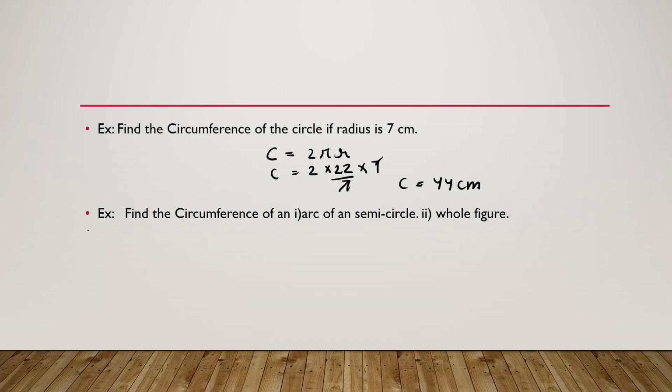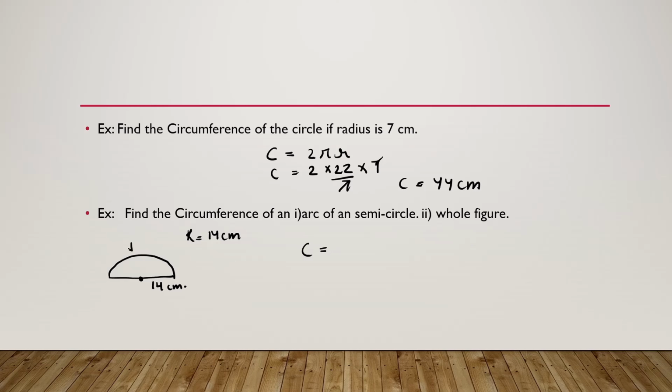Find the circumference of an arc of a semicircle. I just now told you semicircle is the half of the circle. Suppose the radius is given as 14 centimeter. Find the circumference of an arc of a semicircle and find the circumference of the whole figure. First we are going to calculate for the arc of a semicircle.